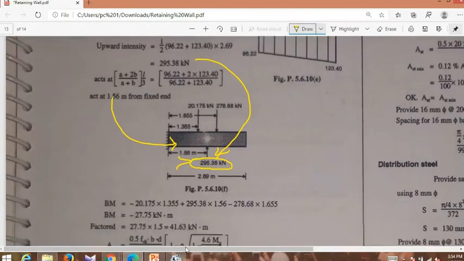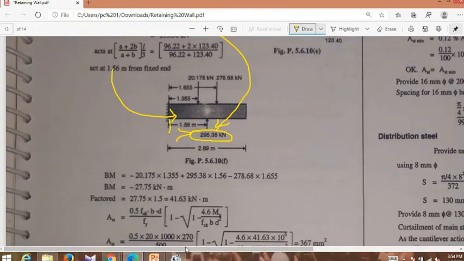Now what you do, just take the moment around the fixed end. Force into perpendicular distance, force into perpendicular distance, force into perpendicular distance, you will get the moment. Then just apply the factor, that is multiply by 1.5. Therefore we will get the factored moment or ultimate moment.